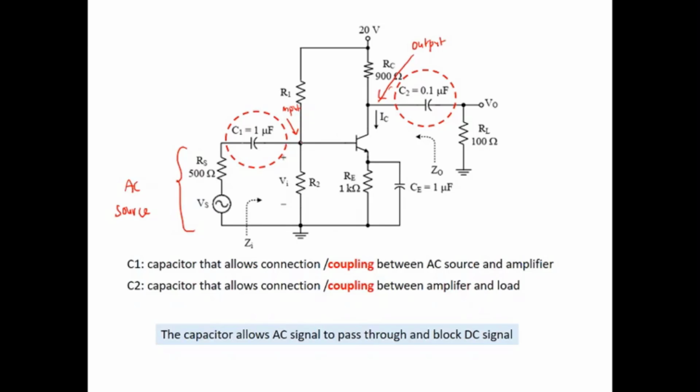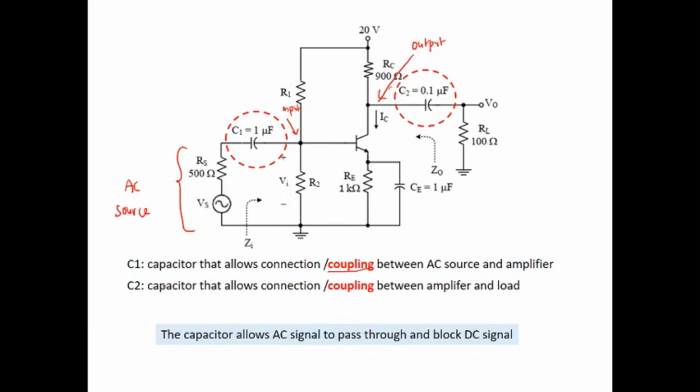So in between the input port of the amplifier and the AC source, we have the capacitor. This provides the connection, or what we call coupling. Coupling simply means connection.